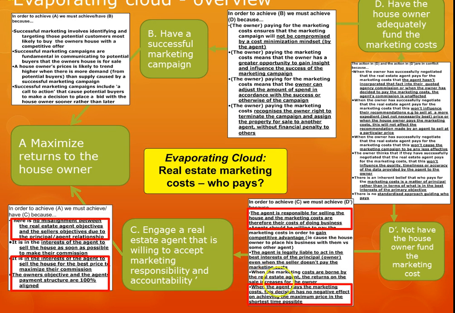The second one down here is where the agent pays the marketing costs, and the assumption is that this decision has no negative effect on achieving the maximum price in the shortest time possible. It's quite possible under certain circumstances that if you enforce this view that the agent must pay the marketing costs, that develops animosity with the agent.